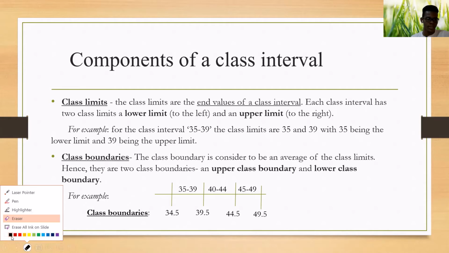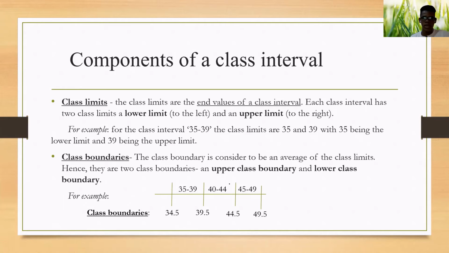What does that mean? If we're looking at the class limits, let's say we have these two class limits, the upper limit for this class and the lower limit for the next class. It's an average between two separate class limits, not for the same class interval.